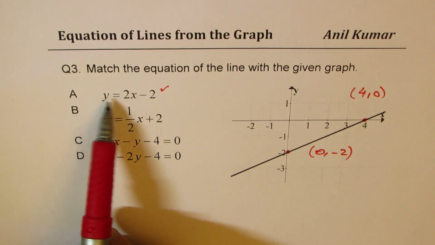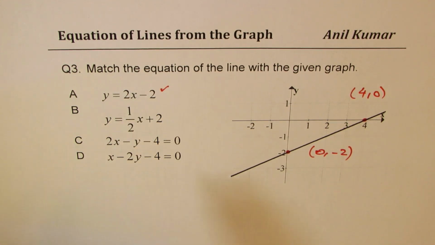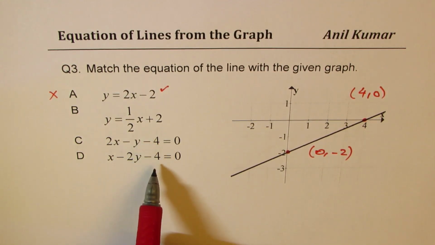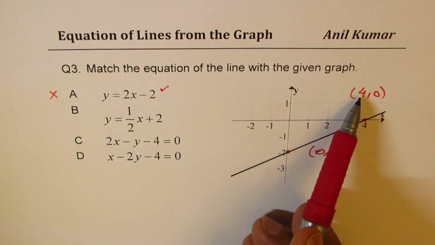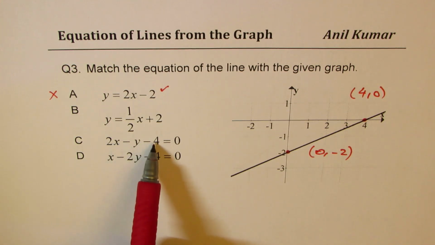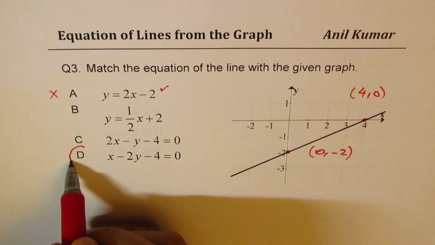But check, do you get the same x-intercept? If I write y equals 0, I get 2 divided by 2, which is 1. It doesn't work, so that is not the correct answer. Now let's look into one of these. From these equations, if I write 4 for x and 0 for y, do I get 0? No, it doesn't work. But if I write 4 and 0, D may work.